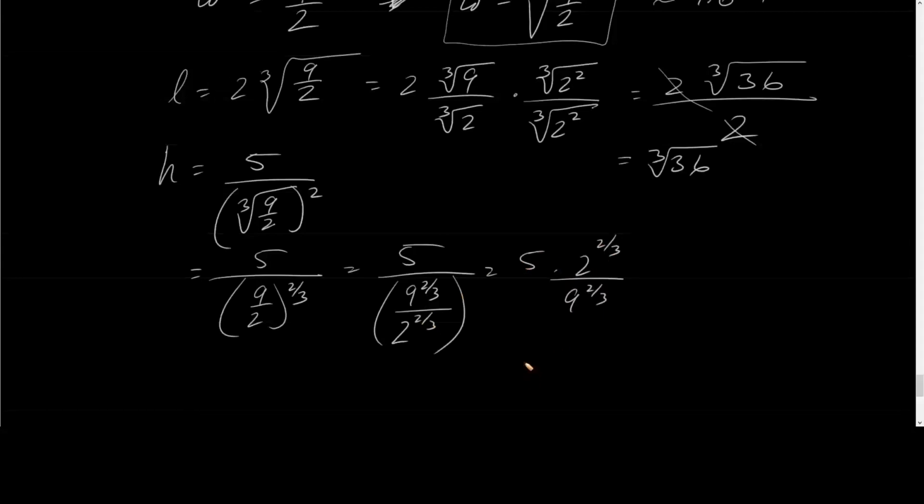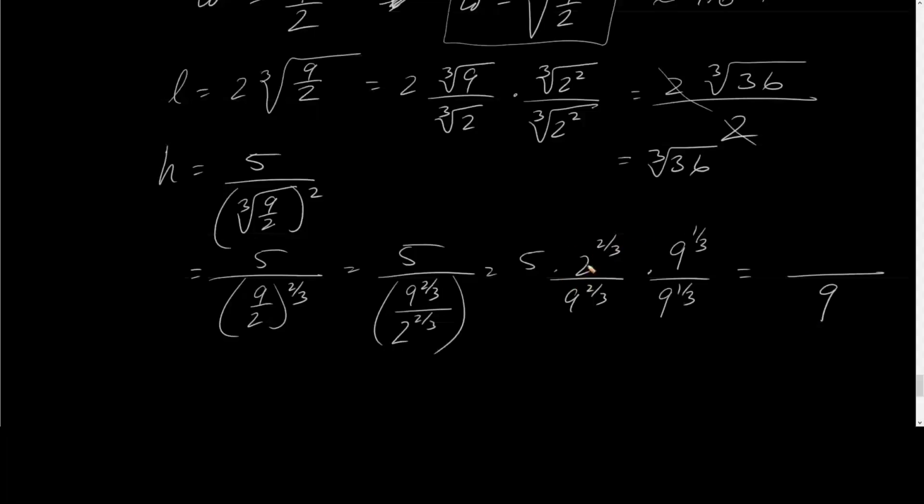And in here, I really want to rationalize this. I don't want to have this 9 to the 2/3 down here. So I'm going to multiply it by 9 to the 1/3 over 9 to the 1/3. Why am I choosing that? Because now in the bottom, 9 to the 2/3 times 9 to the 1/3 is just 9.